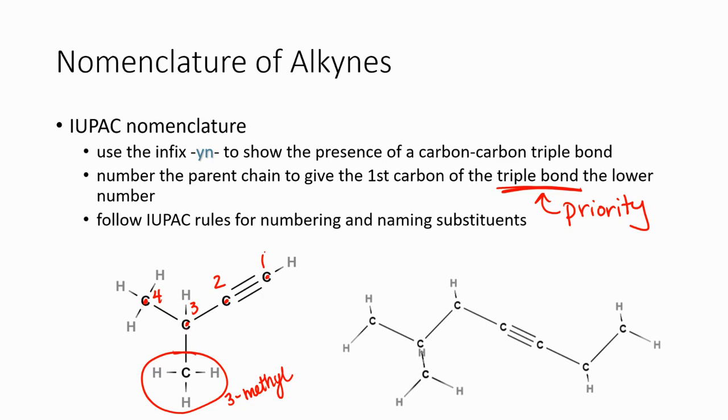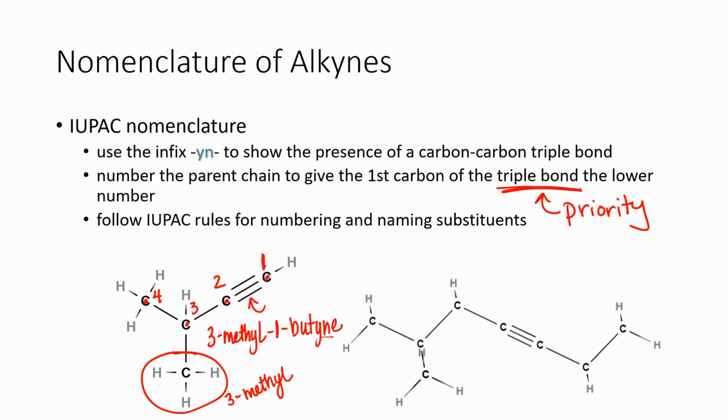But it's really the triple bond that needs to take priority, that needs to be at carbons 1 and carbon 2. So then our root is just butyne. The triple bond started at carbon 1 and went to carbon 2, and then it's got a 3-methyl on it. So 3-methyl-1-butyne.